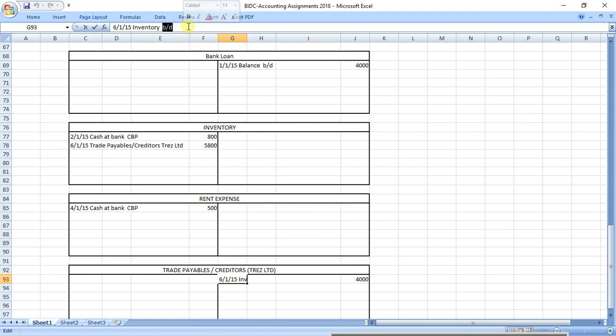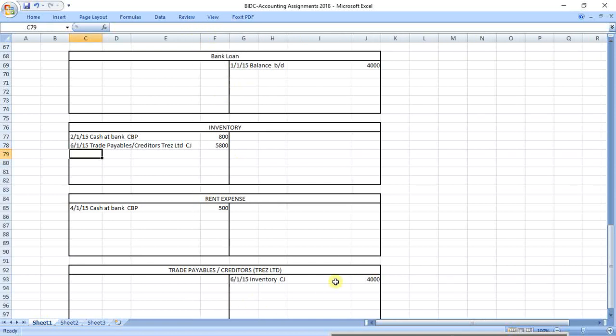We haven't looked at credit journals, so we'd have to think of previous work from last year, creditors journal. So I'm going to call that the CJ, the creditors journal, so we've got a reference for it. I don't think they'll mark the folio numbers like CJ or CBP, but it's always good to be thorough. Right, how much was it?